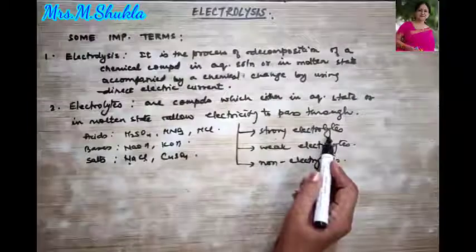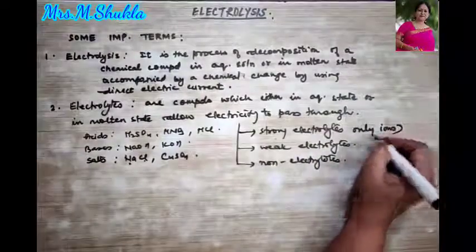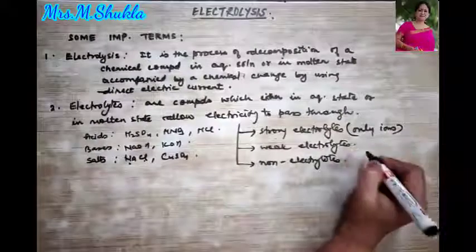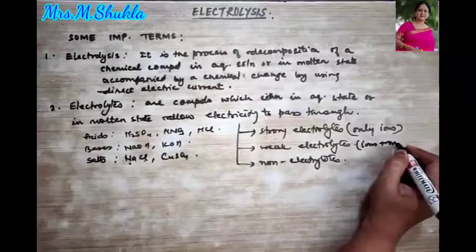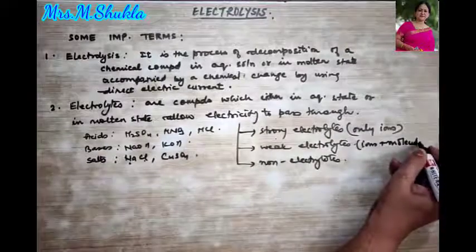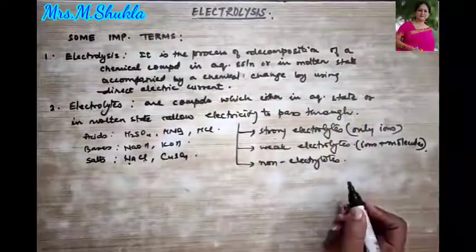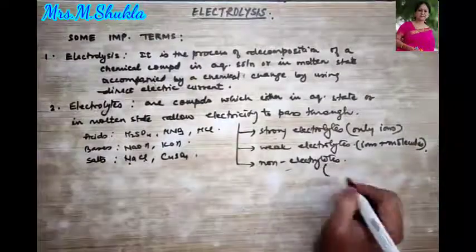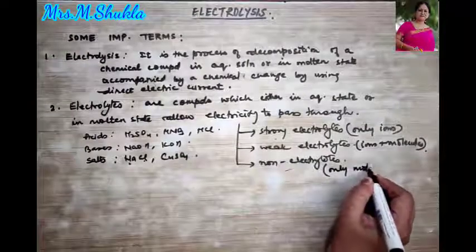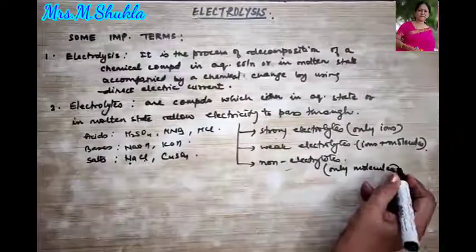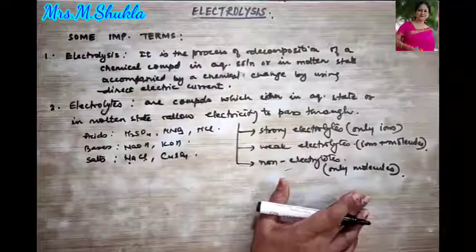Strong electrolytes only have ions present in them, which allow electricity to pass through. Weak electrolytes have ions plus molecules present, so limited flow of current takes place because molecules will not allow electricity to pass through. Non-electrolytes contain only molecules, and since molecules do not allow electricity to pass through, they are termed non-electrolytes.